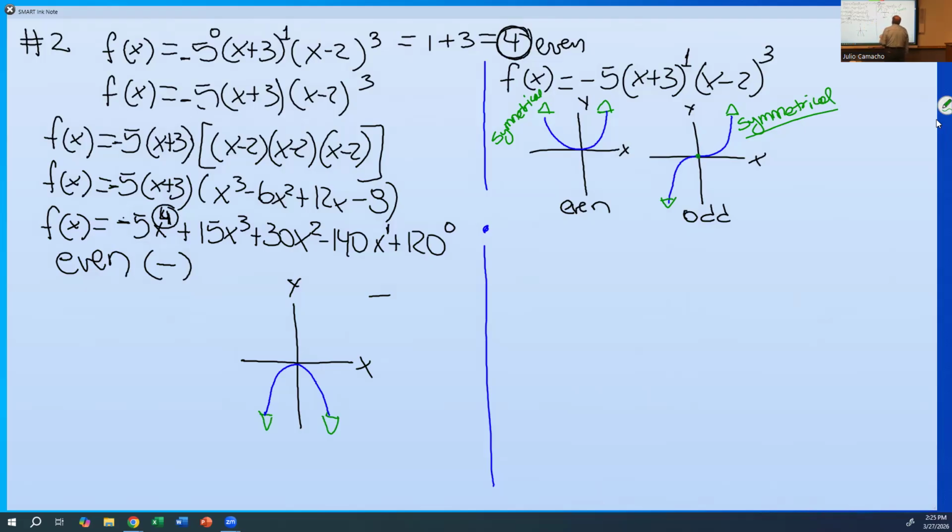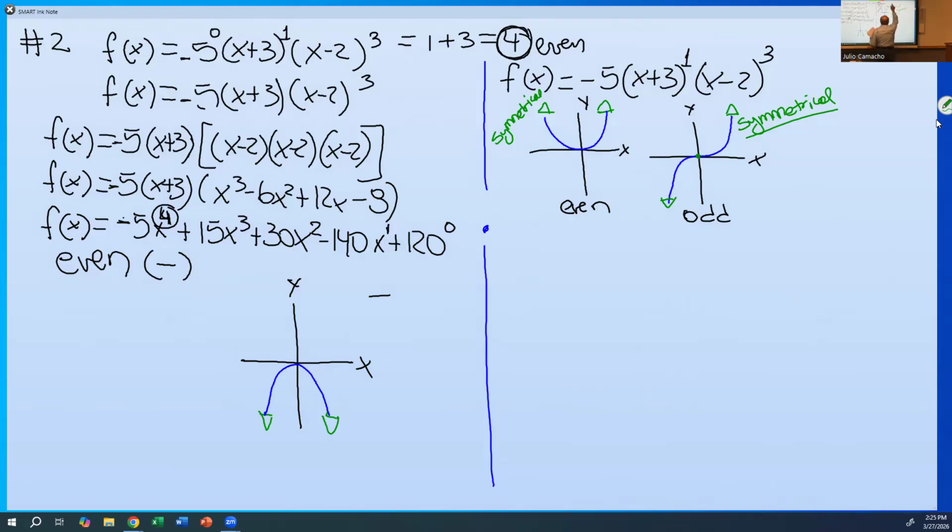Why is it important? Because we already found out that the behavior of this function will be down because it's a negative even function. Now, when we try to find the zeros of the polynomial, what are the zeros?